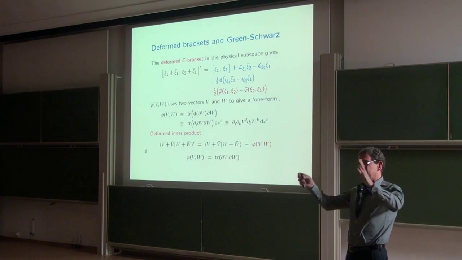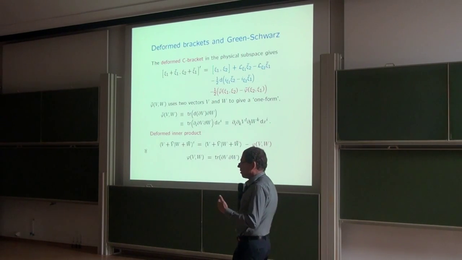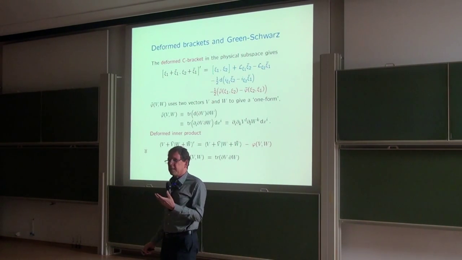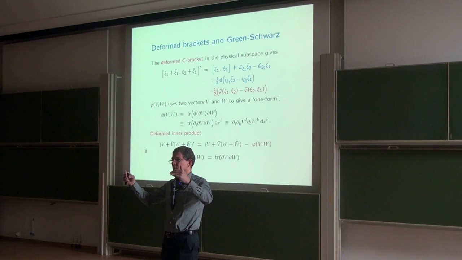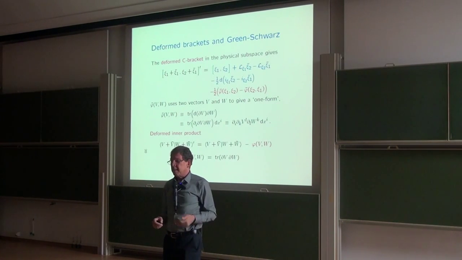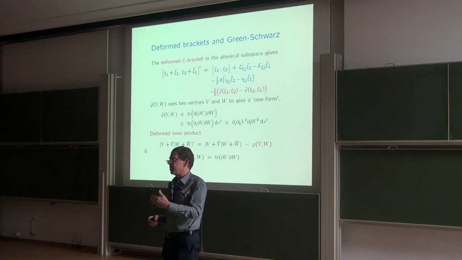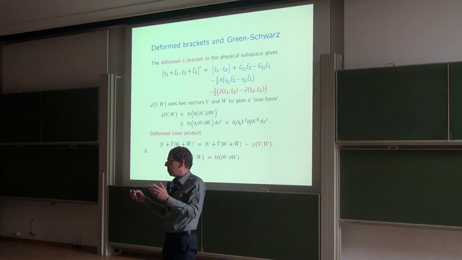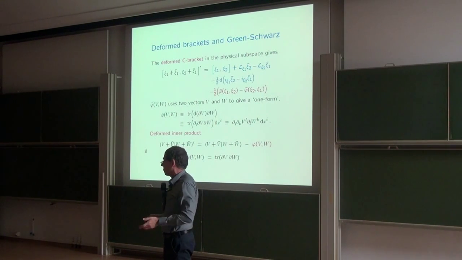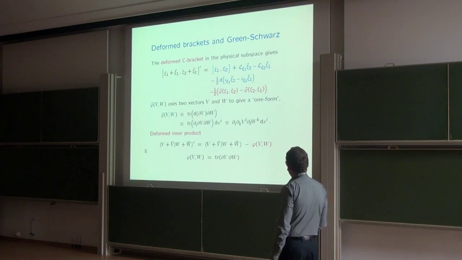Remember, when you have a C bracket, everything is duality covariant. And if you want to know physically what it is, just like the C bracket became the Courant bracket that mathematicians and you understand well, ask the same question. Reduce it to the physical subspace, and what do you get? Maybe this whole construction is formal, and by the time you reduce, you get just nothing. But no, it's not formal.